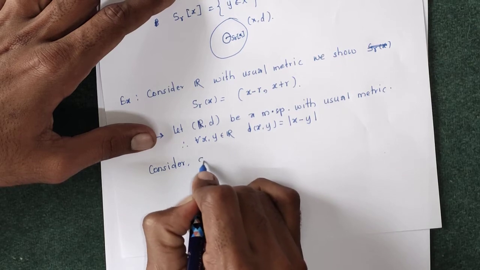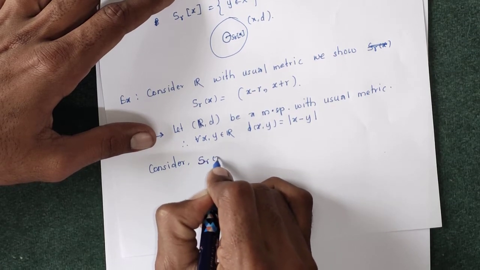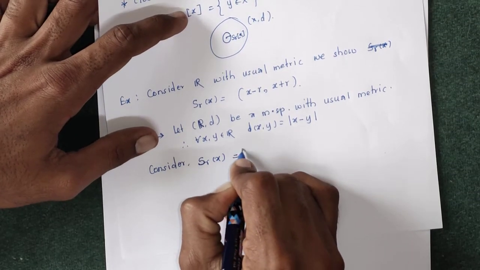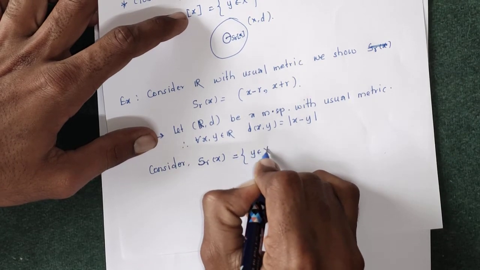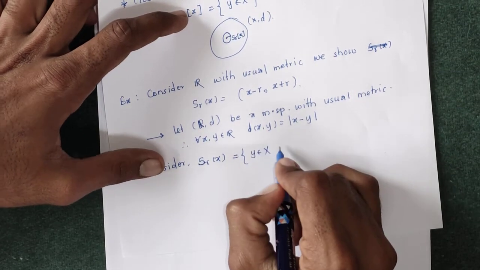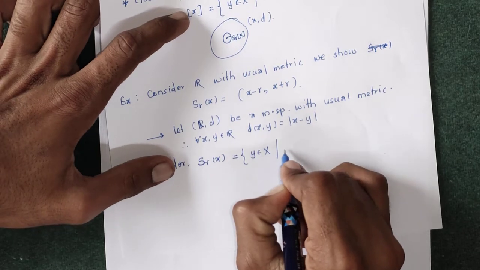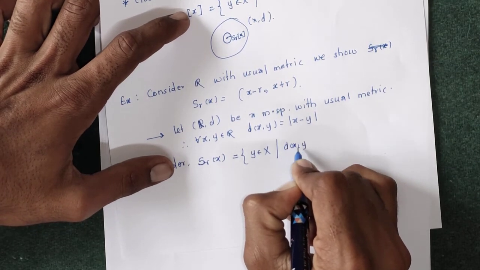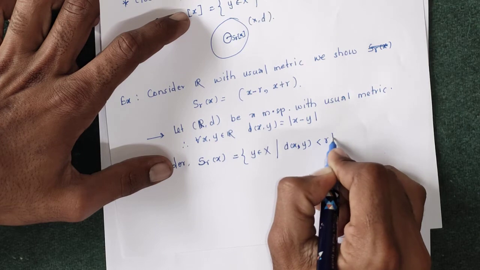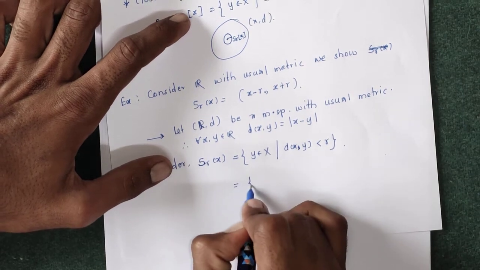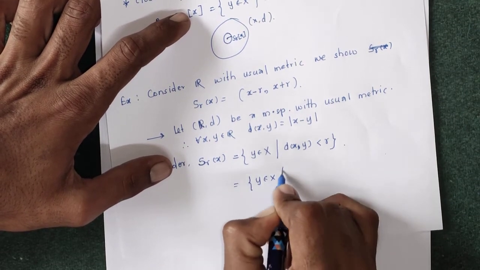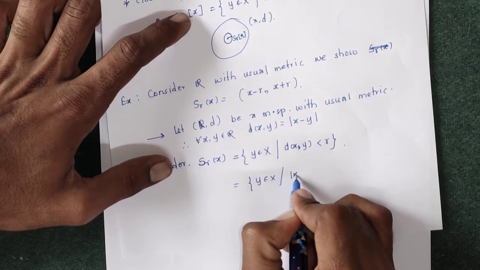Consider S_r(x), this is the open sphere. The theoretical definition of open sphere is S_r(x) equals {y belongs to X such that d(x, y) less than r}. Distance of x, y is strictly less than r. This y belongs to X as it is, but d(x, y) equals mod x minus y.